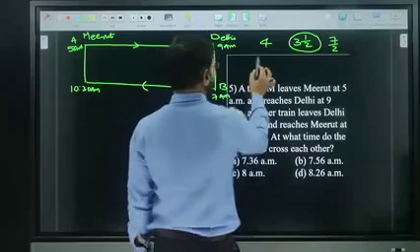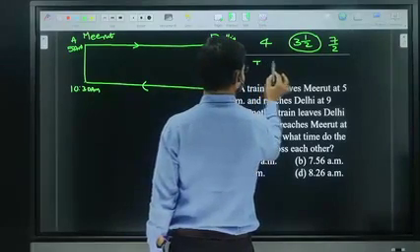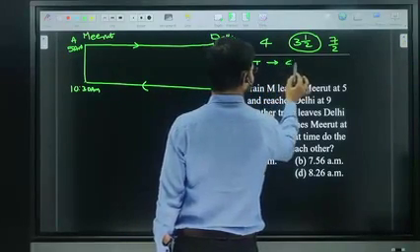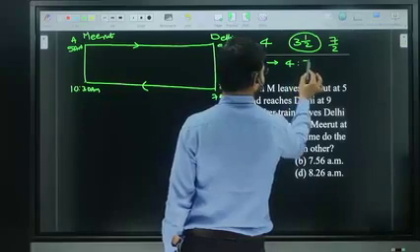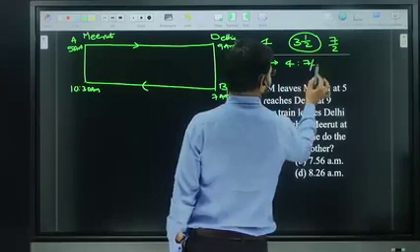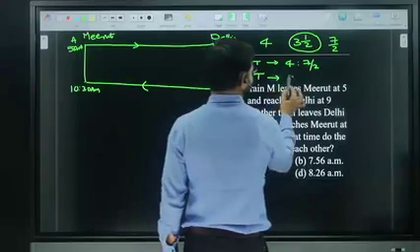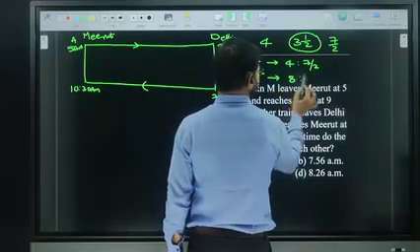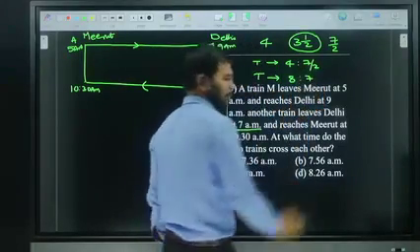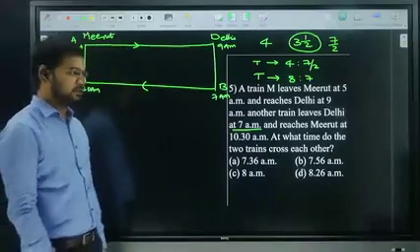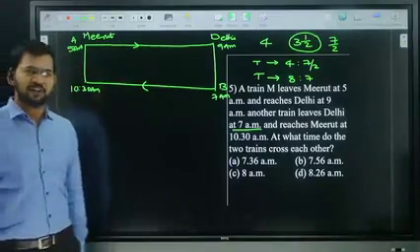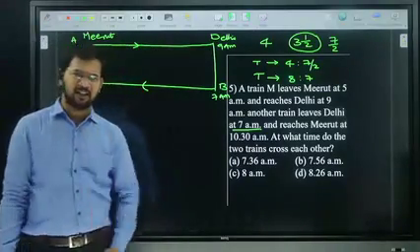And the times ratio is what? 4:7/2, which I can simply write as 8:7. Accepted? Times ratio is 8:7. All of you clear?